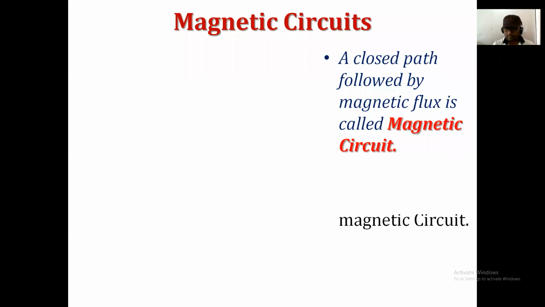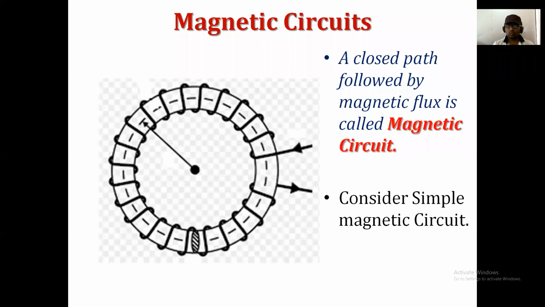Just consider this simple magnetic circuit. Here we consider one iron ring, and a coil which is uniformly wound on that iron ring. Here we assume that the iron ring has a cross-sectional area of A meter square.